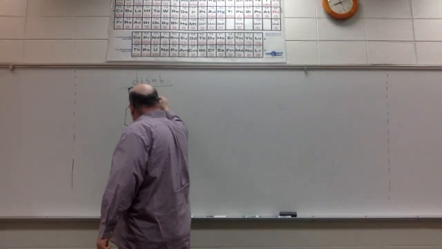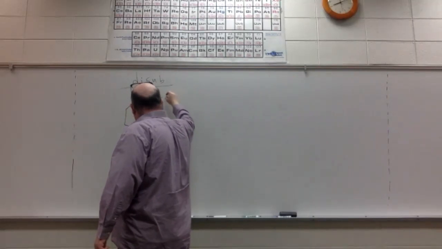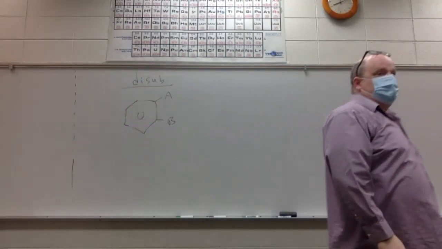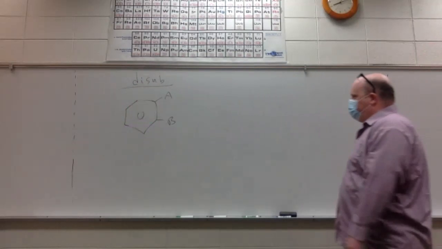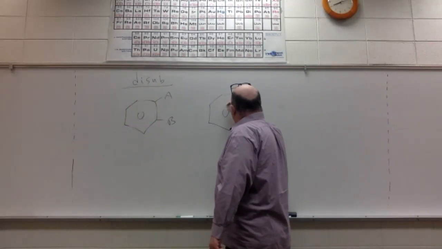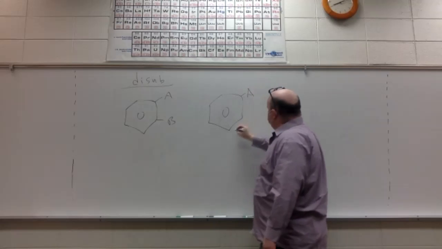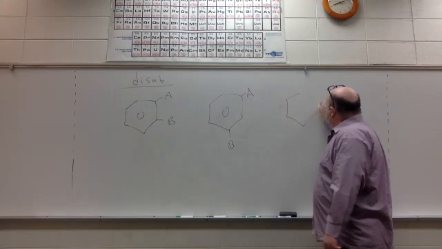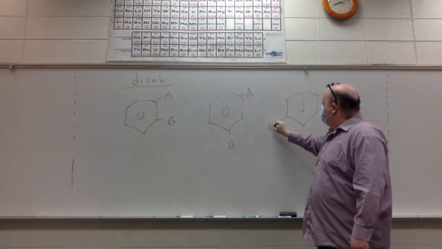You could have a situation where you have, I'll just use A and B here, just for generic representation. You could have something like that, where they're right next to each other. You could have something like this. Or you could have something like this.